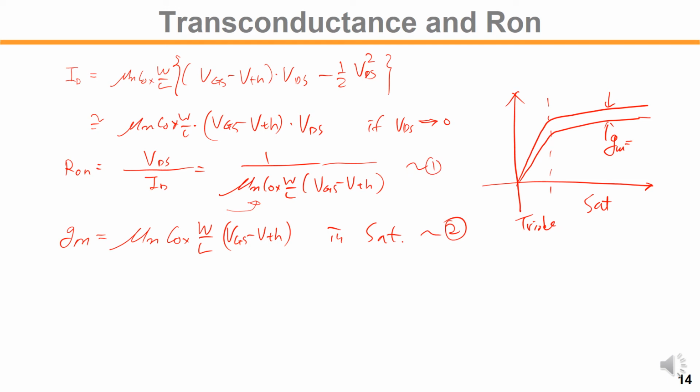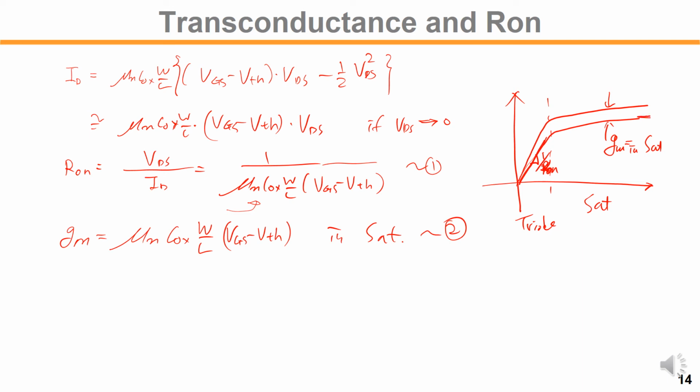But for the triode region, its resistance, 1 over R-on here, is the same as the transconductance we would see in saturation, right? So we have the relationship for the same device and bias.